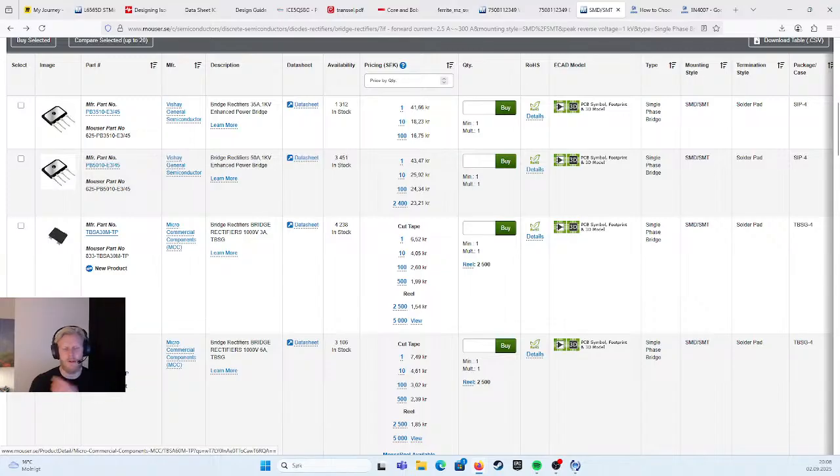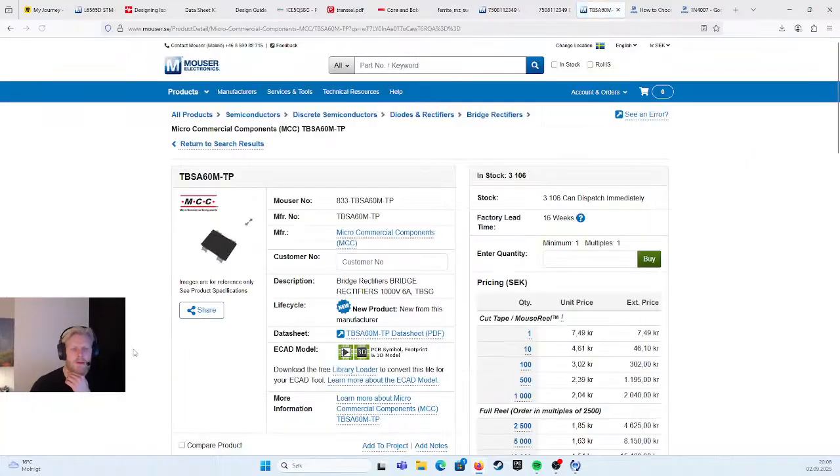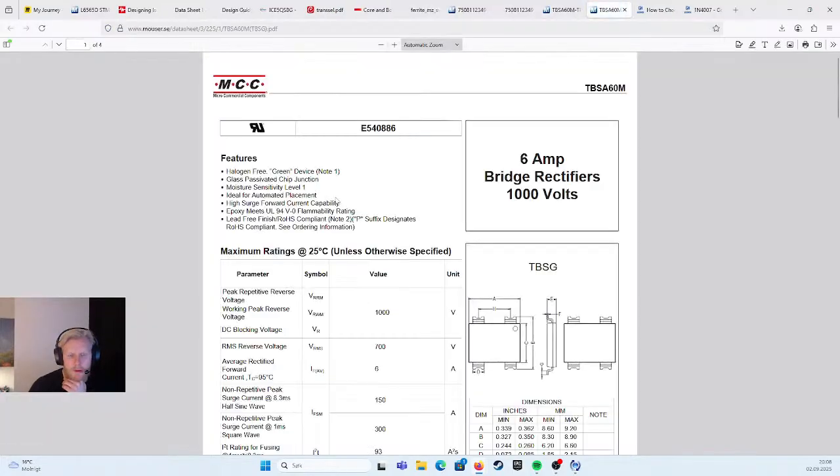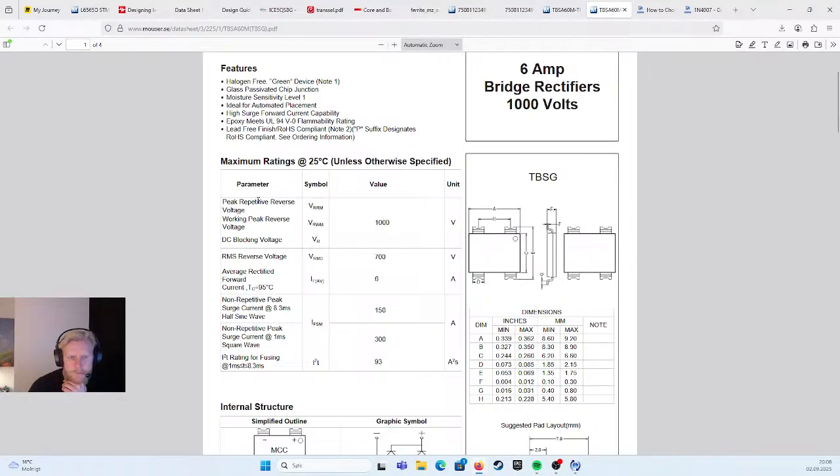A bit higher current. Peak repetitive reverse voltage. Working peak reverse voltage and DC blocking voltage. RMS reverse voltage, average rectified forward current.